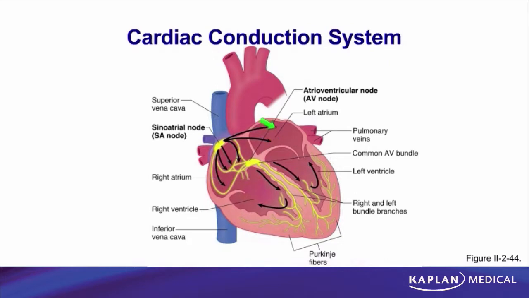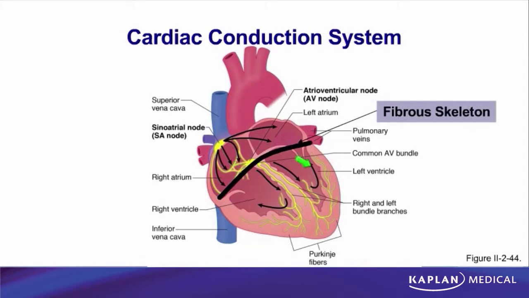But atrial cells do not directly communicate with ventricular cells because in the heart there is a layer of fibrous connective tissue separating the atrium from the ventricle. It's called the fibrous skeleton of the heart.